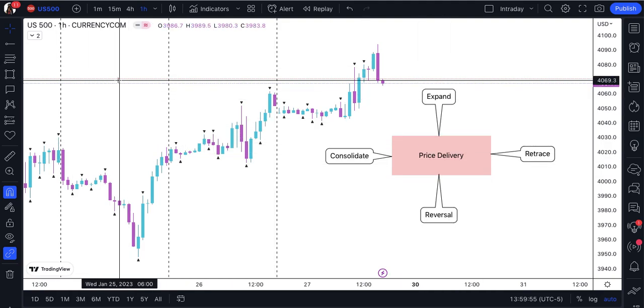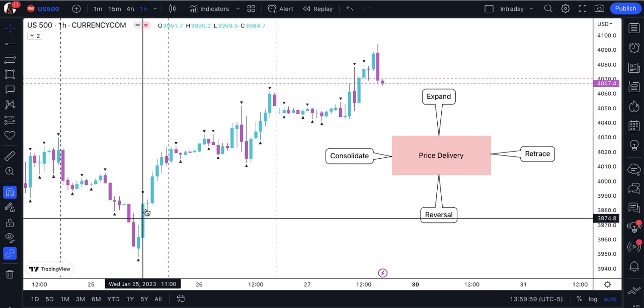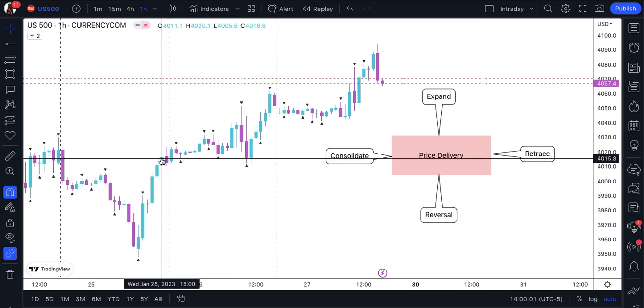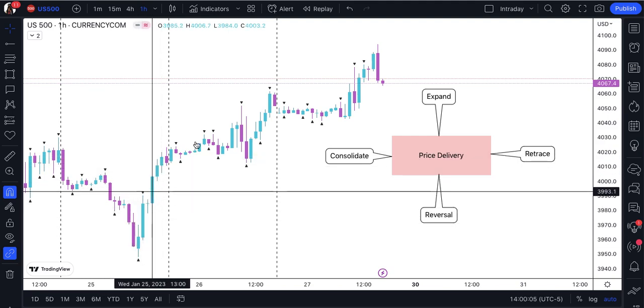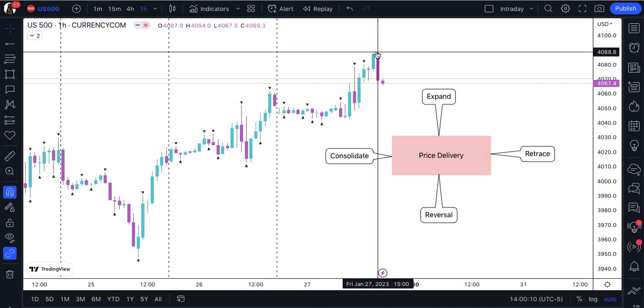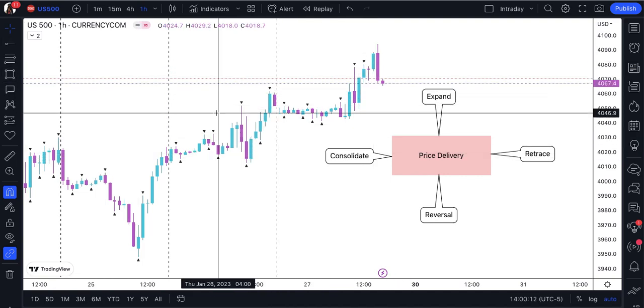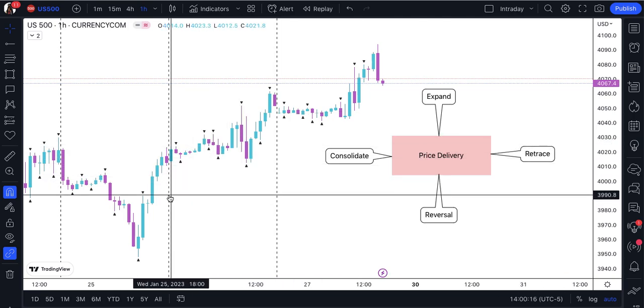So an expansion would be this, how these candles went up. This is expanding up. See how this is expanding up, expanding up. Retracements would be, let's see, retracement.